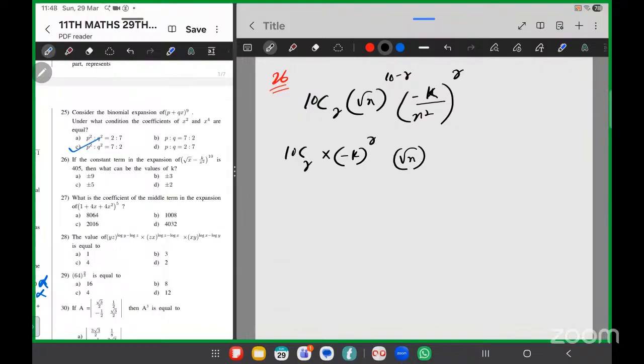So root x raised to 10 minus r into x raised to minus 2r, with minus k raised to r. The constant term is independent of x.